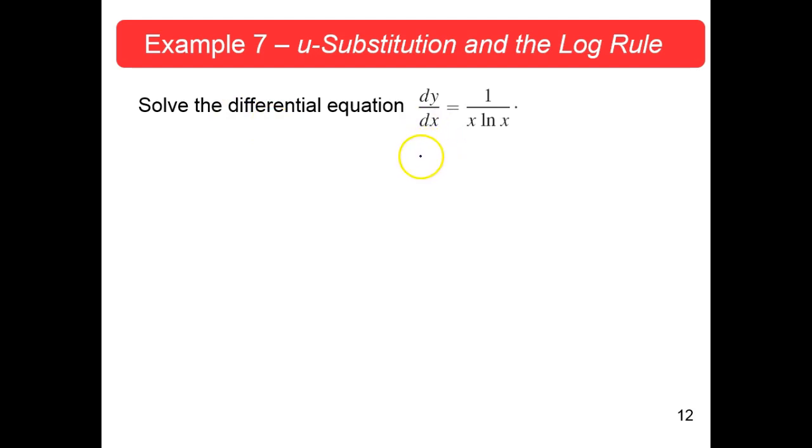To write this as a differential, that would be dy is equal to 1 over x log x dx. It almost looks like you're multiplying both sides of the equation by dx. It really seems that way, and some people actually say that. A lot of mathematicians will cringe, won't they, Patrick, to hear something like that. What they really want you to do is write it in differential form.